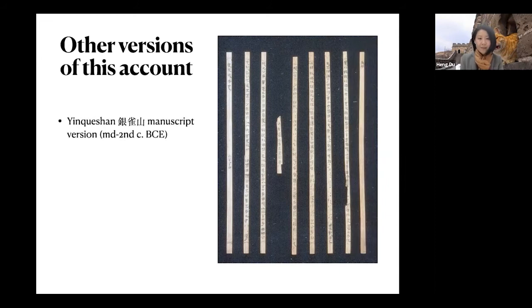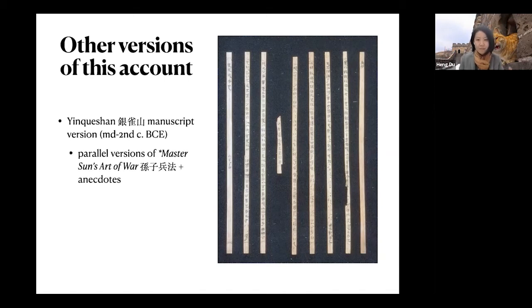There are other versions of this account that I also talk about in this talk. One is an excavated version, from the mid 2nd century BCE, so basically you might say it's slightly earlier than Shiji, from the Yinqueshan tomb.